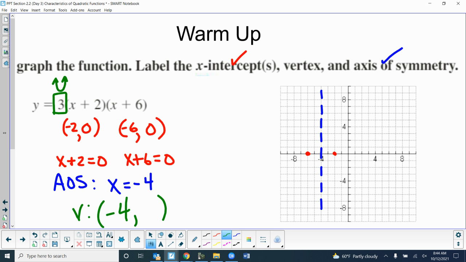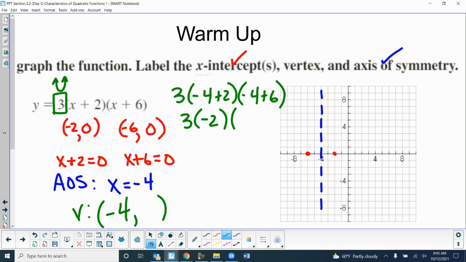To find out what that is, I just put my negative 4 in for x in the equation there. So what's negative 4 plus 2? Negative 2. What's negative 4 plus 6? 2. So 3 times negative 2 is negative 6 times 2 is negative 12, right?